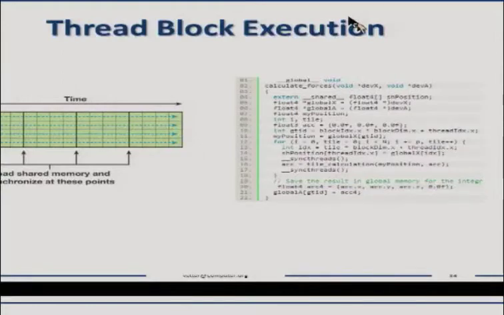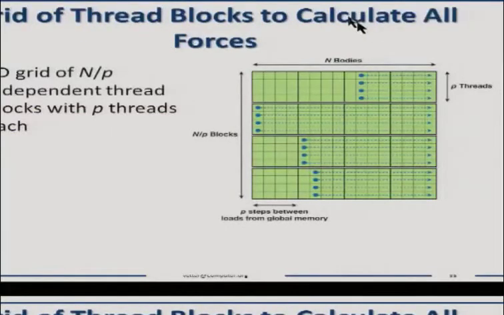This is what a set of threads and blocks would look like to calculate all those forces. You would have n bodies, remember, and then you'd have some number of threads and then some number of blocks, and those would be able to progress at different rates, because each block would be loading shared memory.